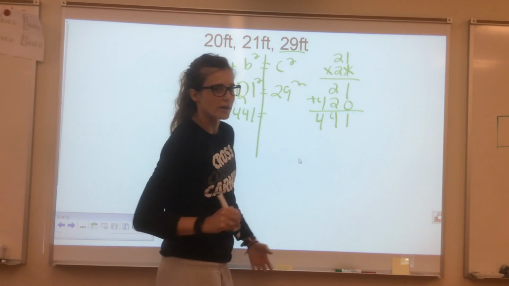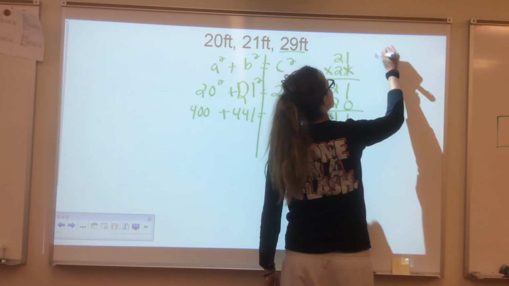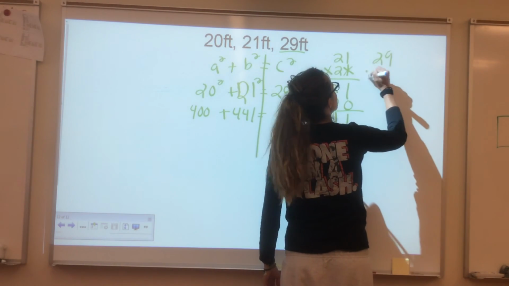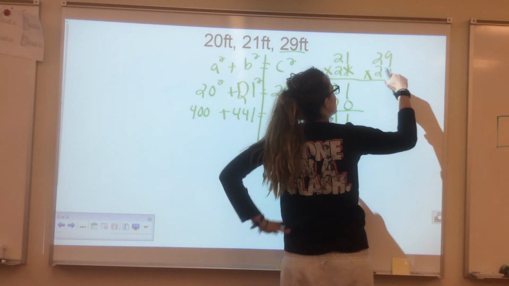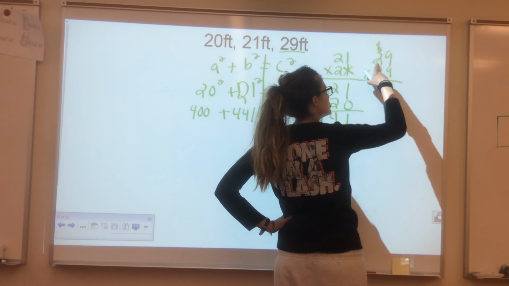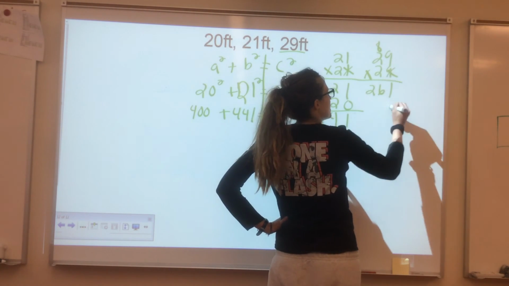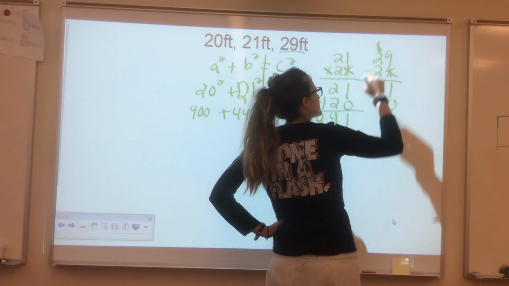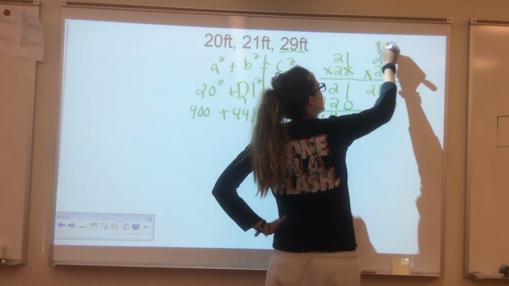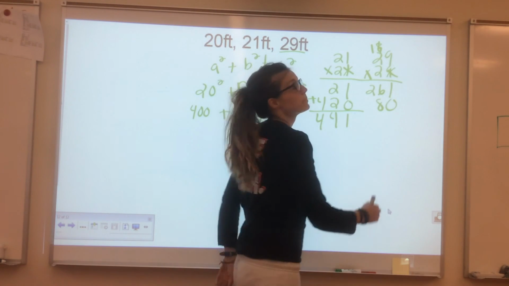And then 29 squared, same thing, because your multiplication chart only goes up to 25, so you are going to have to do 29 times 29. 9 times 9 is 81, carry my 8, 9 times 2, 18 plus 8, 26, cross it out, put a 0, 2 times 9, 18, carry my 1, 2 times 2 is 4, 4 plus 1 is 5.